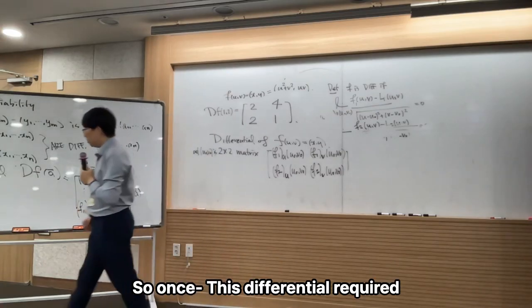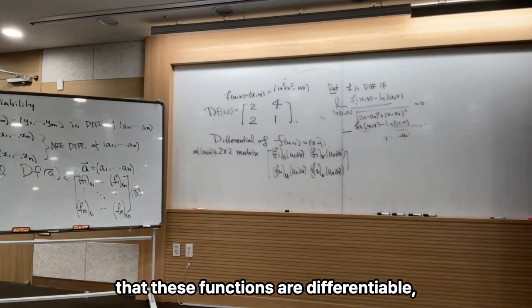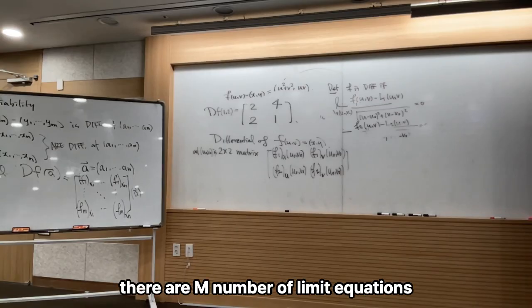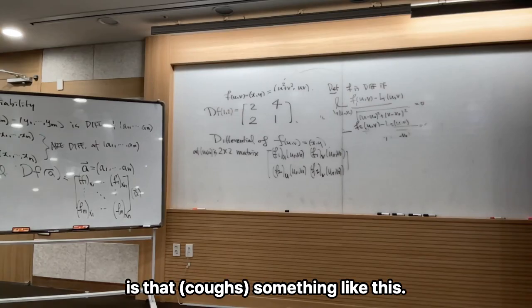So why is this differential required? Because whenever you say differentiability, meaning that these functions are differentiable, if you combine these limits, there are m number of limit equations, into a single limit equation, then it looks something like this.